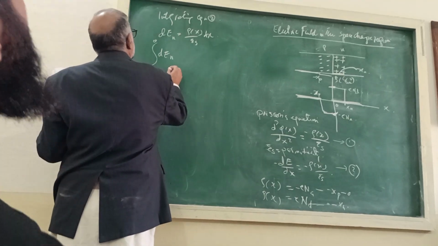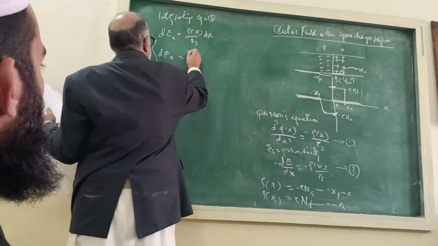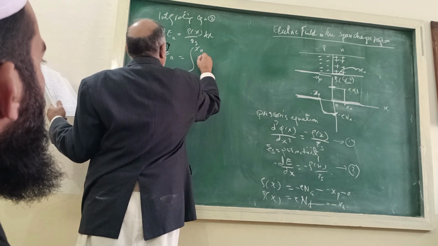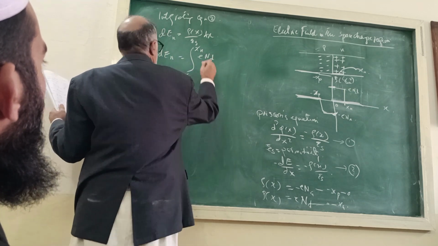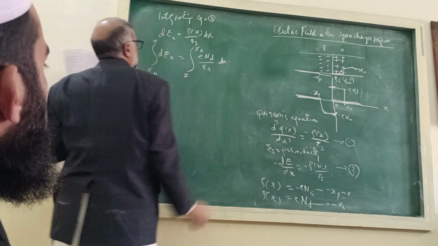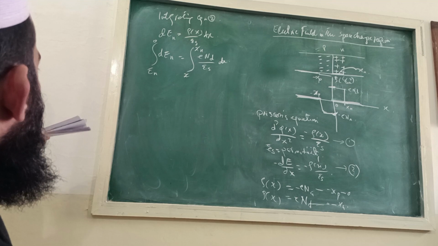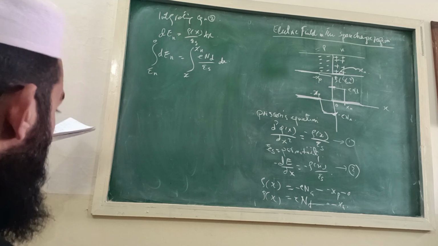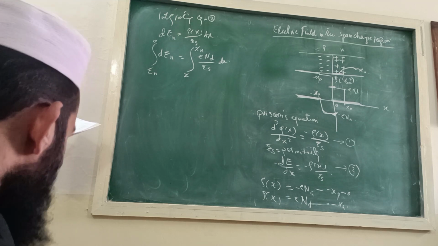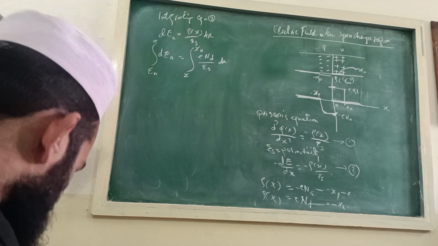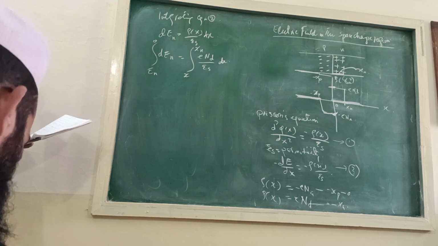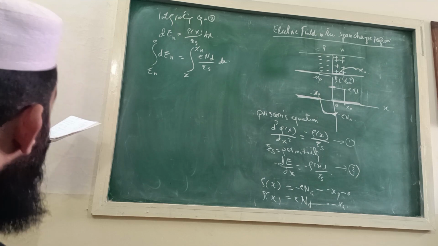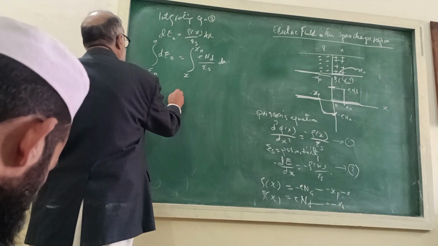That will be equal to the integral from x to xn of e Nd divided by Es dx.